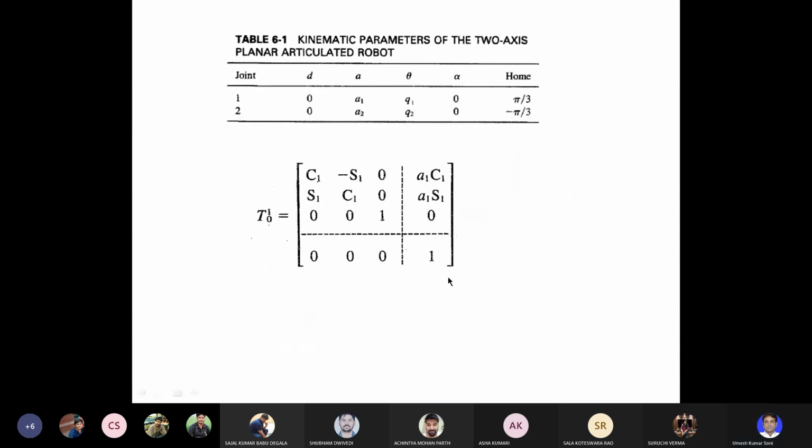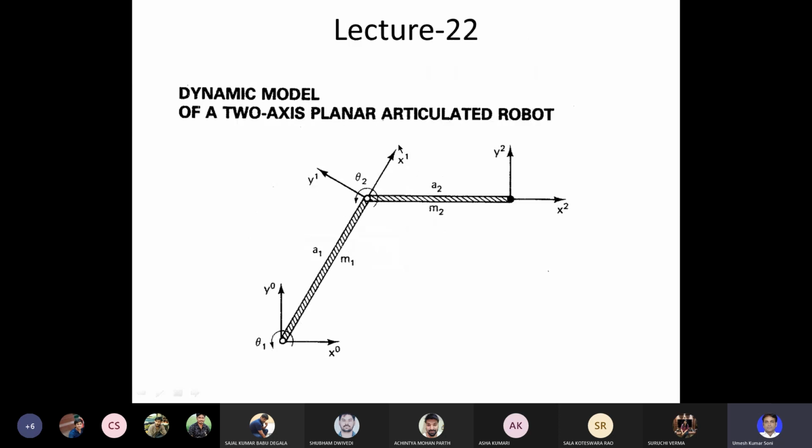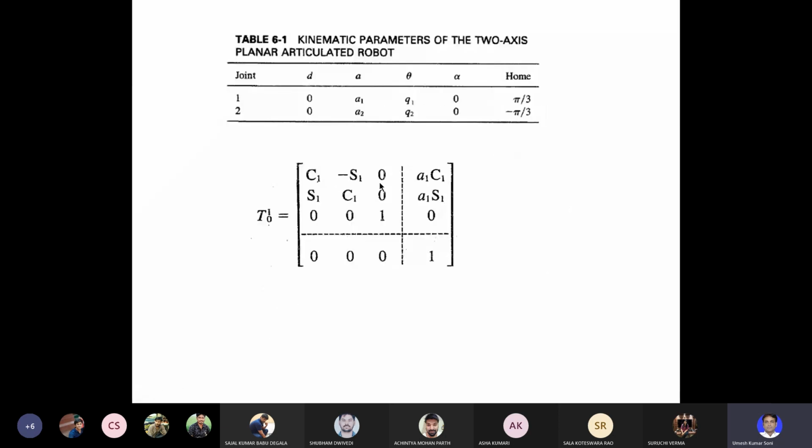Okay, so the first step is to make the homogeneous transformation. So this is T10. For the transformation of L1 to L0, T10 is defined as this using the kinematic parameters of the two-axis planar robot.